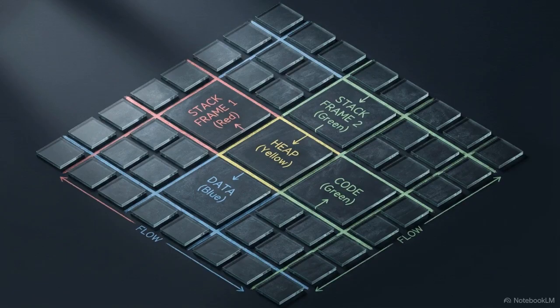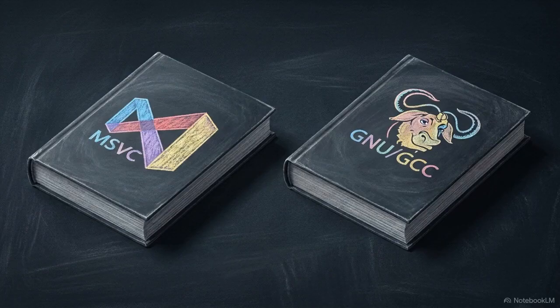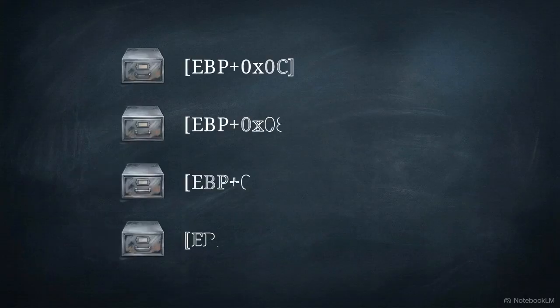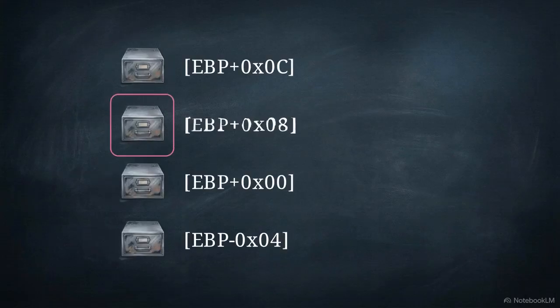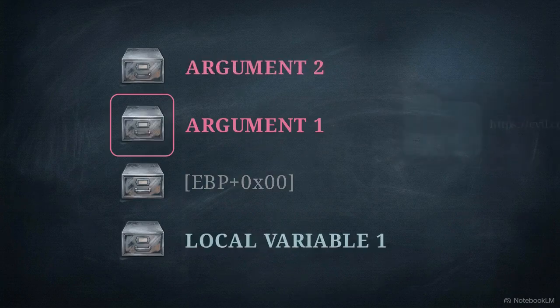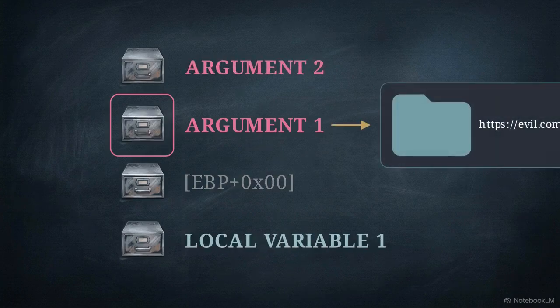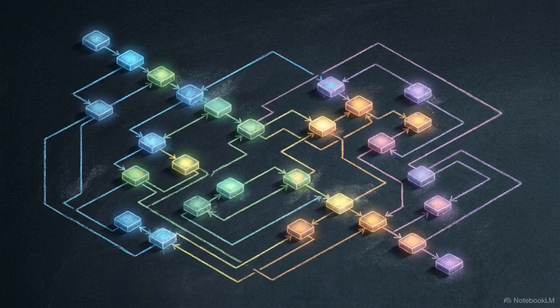This precise memory geometry is not arbitrary. It is standardized across virtually all 32-bit Windows code compiled with Microsoft Visual C++ or GCC. Internalizing these specific EBP offsets allows you to immediately map variables and identify function arguments in a debugger, completely bypassing the need for manual address calculations.